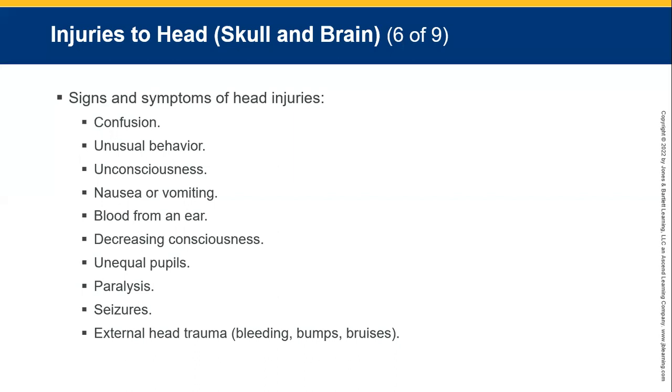Signs and symptoms of head and skull injuries include confusion, especially if they get kicked in the head and have a concussion or get hit quite hard on the head. Unusual behavior, they do the craziest of things. Unconsciousness is definitely an issue. Pain at the site of the injury, nausea and vomiting, and blood coming out of the ears.